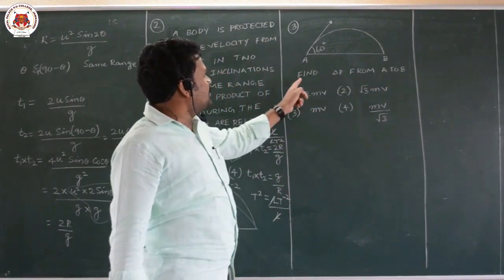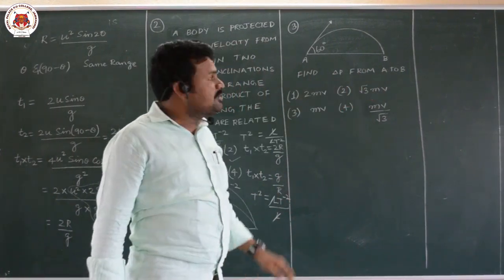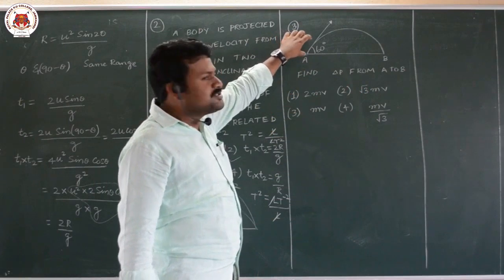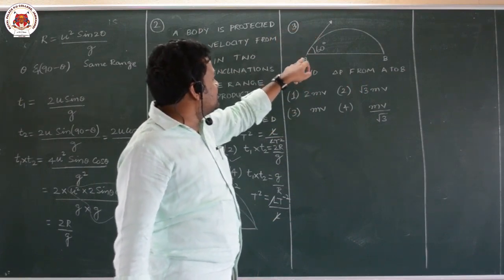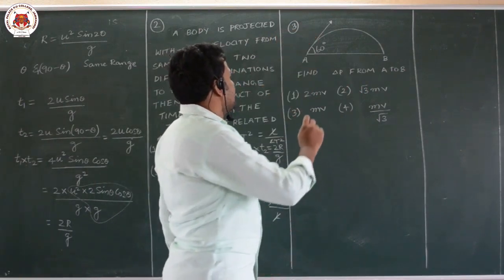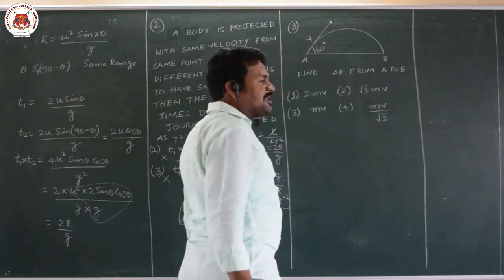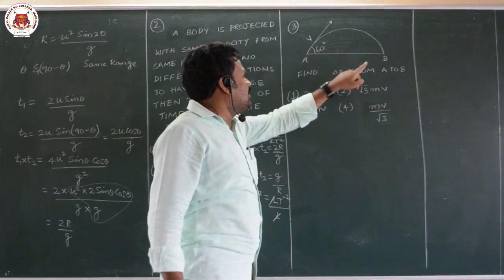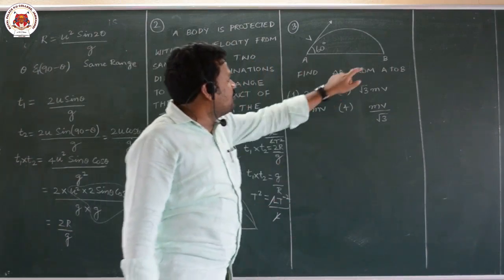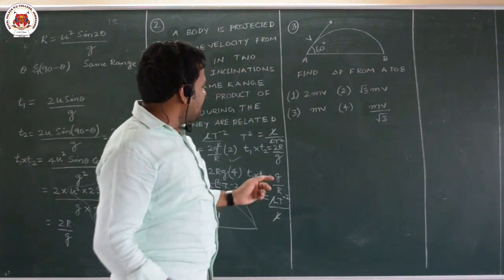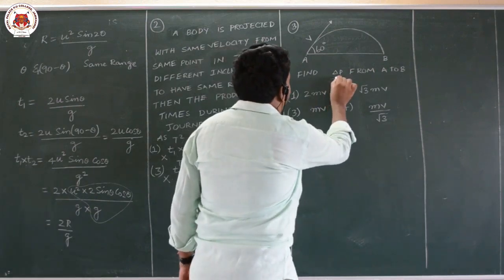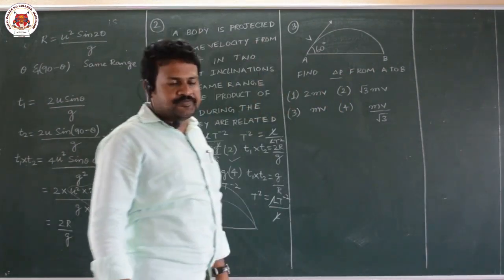A body is projected with an angle of 60 degrees. The examiner is giving that a body is projected with a velocity v making an angle of 60 degrees from point A and it reaches point B, then find the change in momentum delta p from A to B.